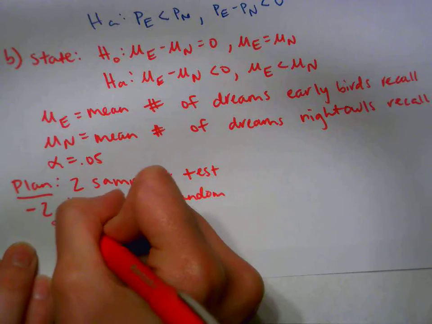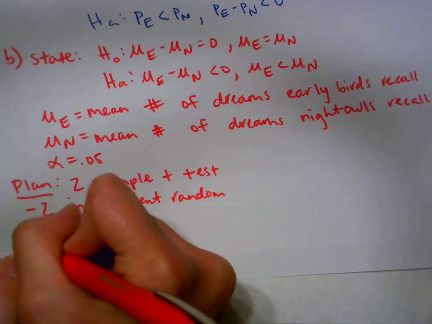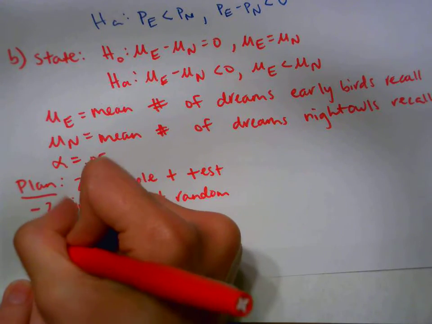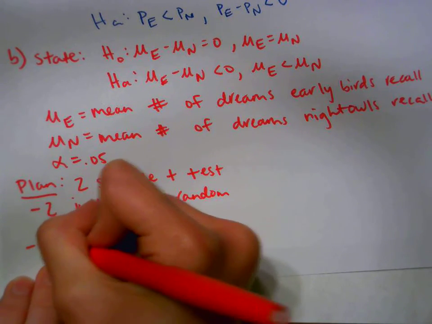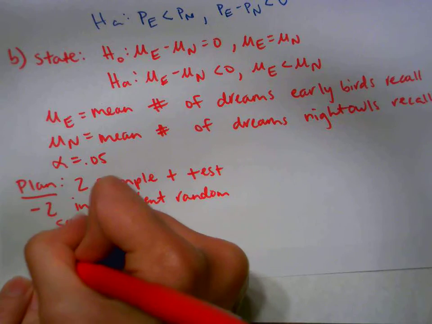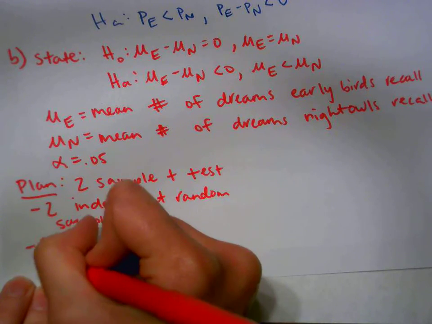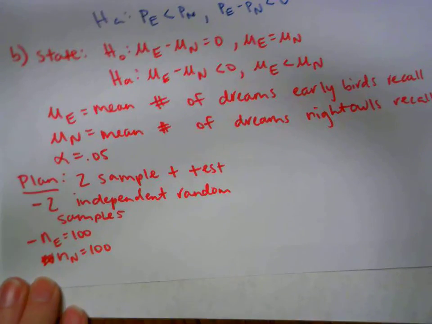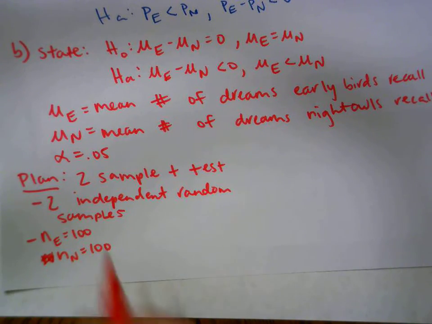Because they were random samples, we need to check the 10% rule. What was our sample size for each one? It was 100, right? n sub E was 100, and lowercase n sub N was 100. So we need to assume that both populations of early birds and night owls are at least 1,000.